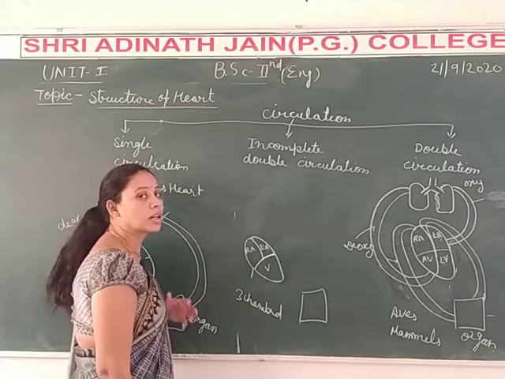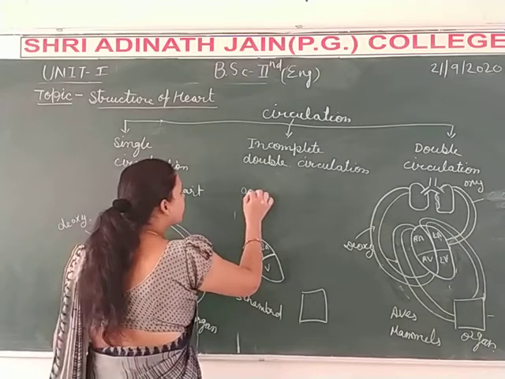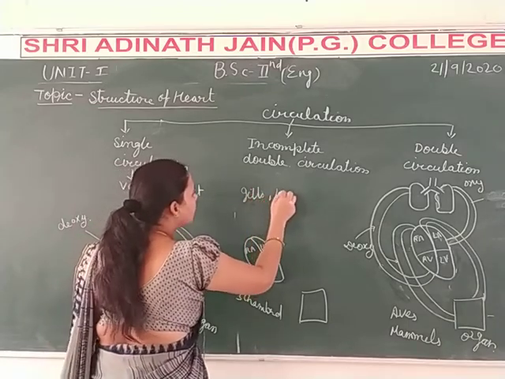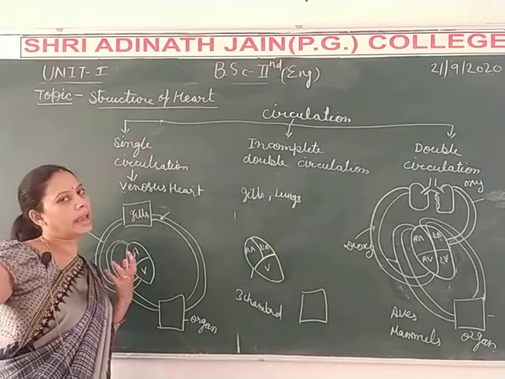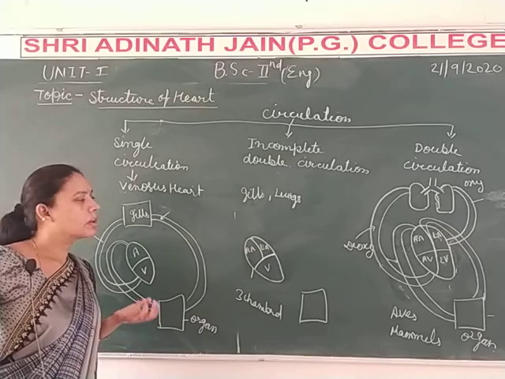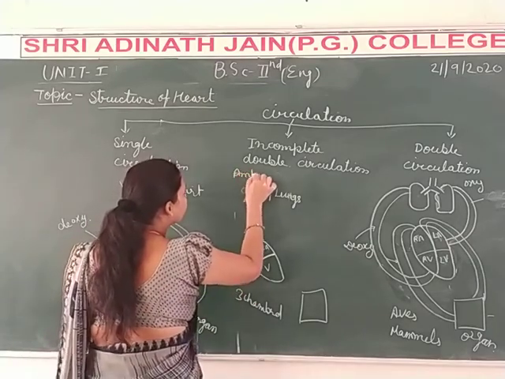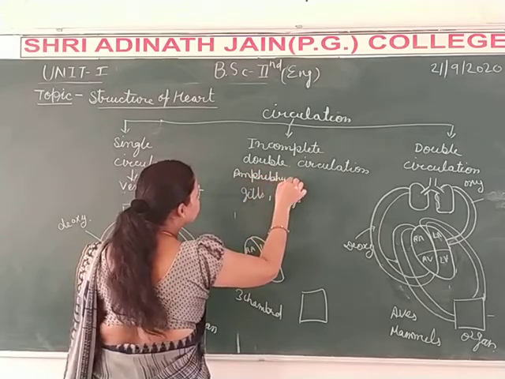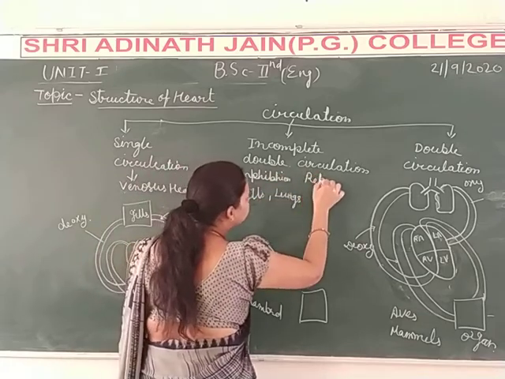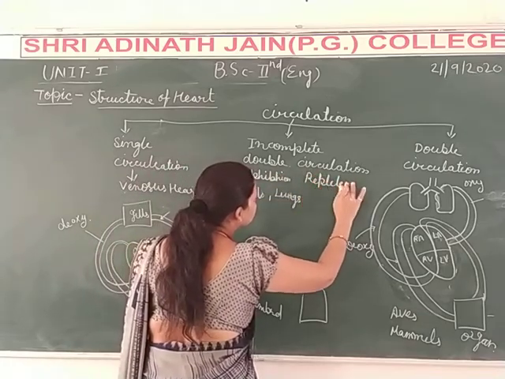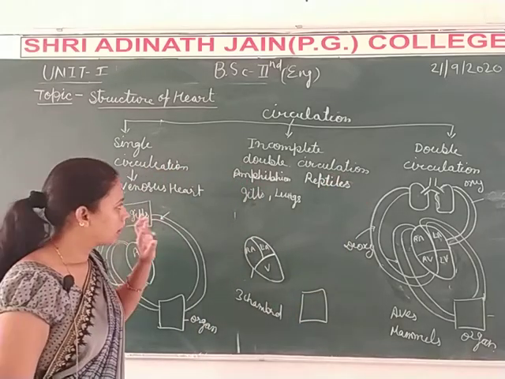For the oxygenation, they have gills and lungs. Both types of organ can be there, because in this category the amphibians and reptiles are categorized.